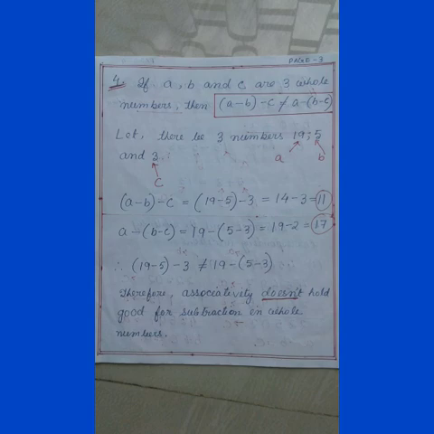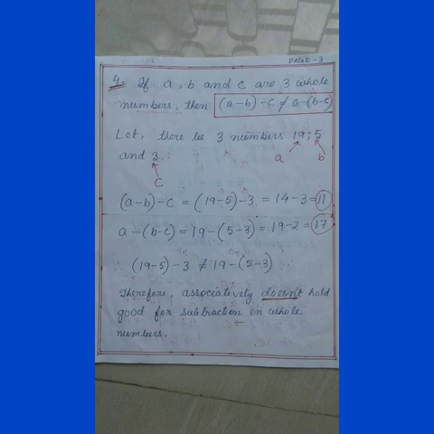So 19 minus 2 is equal to 17. So in the first equation we got 11, and in the second equation we got 17. 11 is not equal to 17. Therefore, associativity doesn't hold good for subtraction.